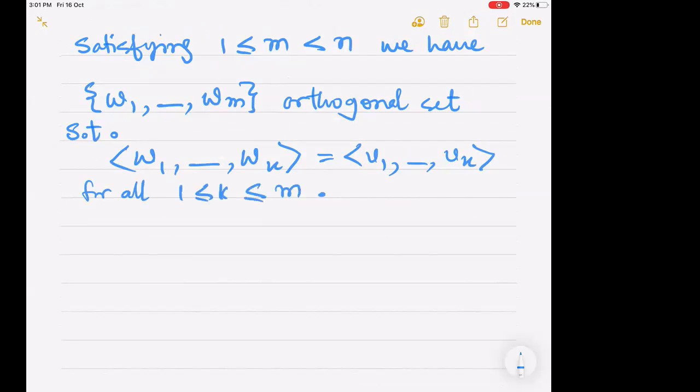So up to some number m which is strictly smaller than n, we have the theorem satisfied.